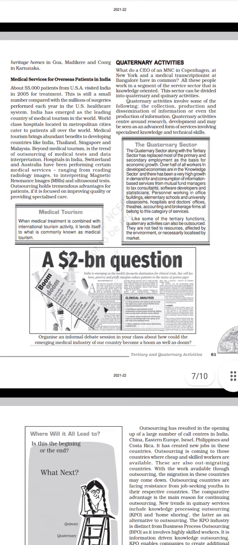Beyond medical tourism is the trend of outsourcing of medical tests and data interpretation. Hospitals in India, Switzerland, and Australia have been performing certain medical services, ranging from reading radiology images to interpreting magnetic resonance images, MRIs, and ultrasound tests.